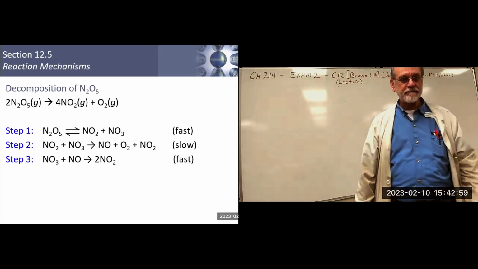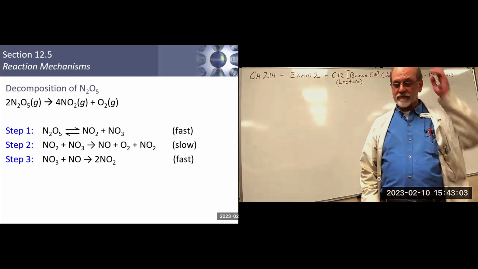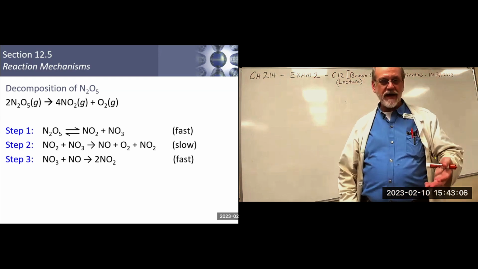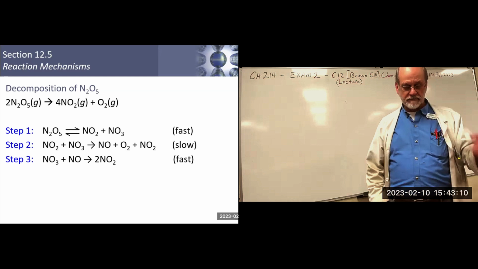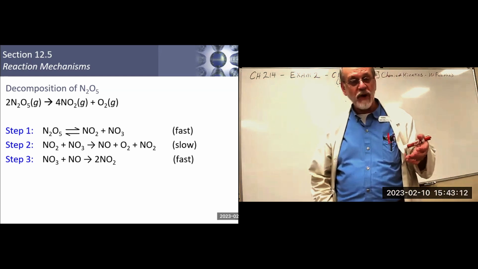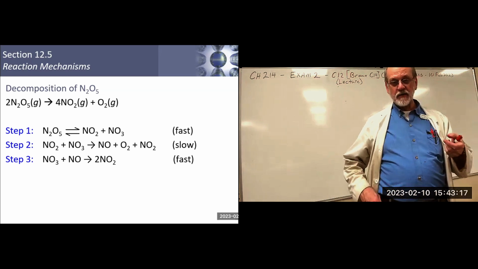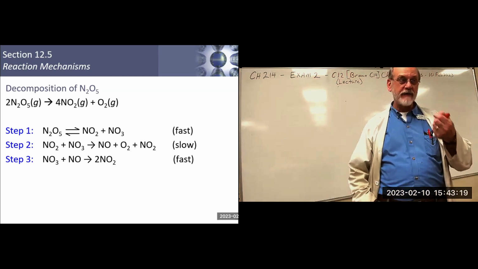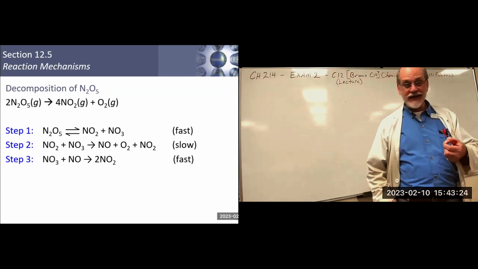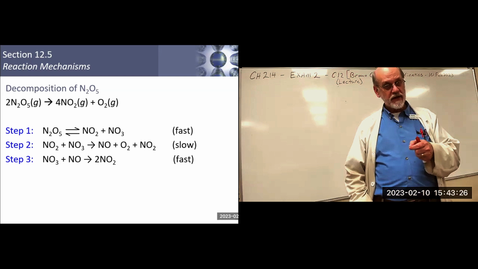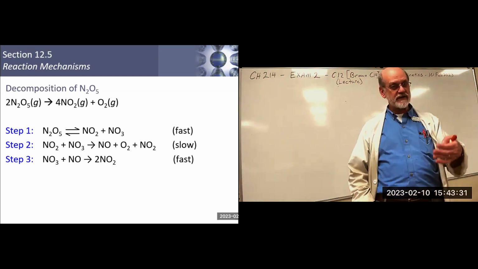All right. So here's an example. Dinitrogen pentoxide decomposes into nitrogen dioxide and oxygen. And these are the elementary steps that are proposed for that reaction. The first one is a fast step, where one molecule of N2O5 produces NO2 and NO3. Notice NO3 is not in the overall reaction, so NO3 has to be used up somewhere, and it is in the second step.